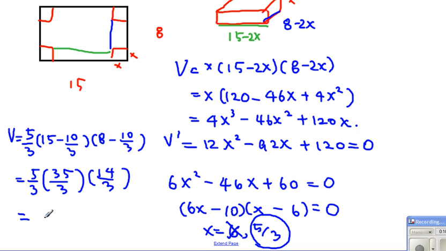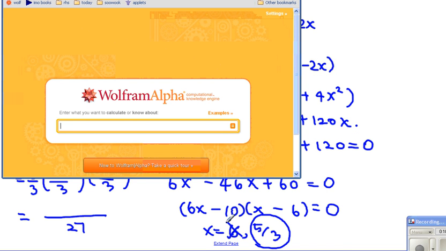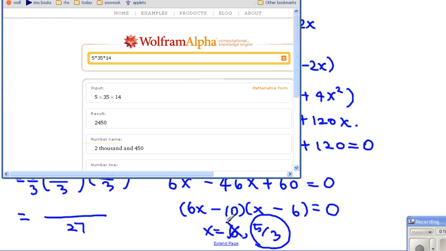Once you multiply, on the bottom again we have 27. I'm just going to borrow my calculator to calculate 5, 35, and 14, which is 2450.